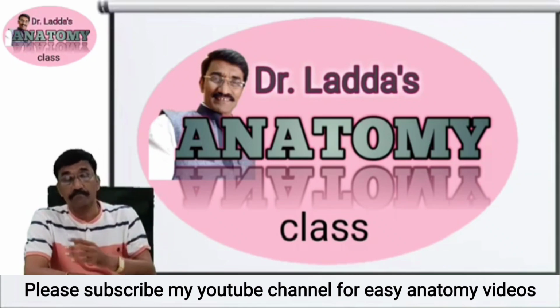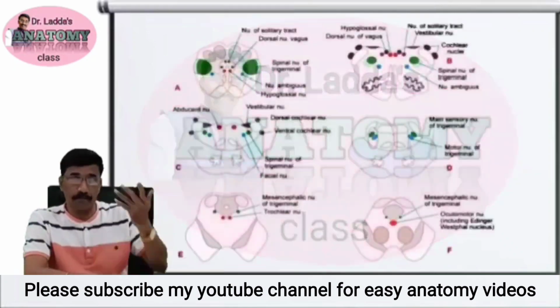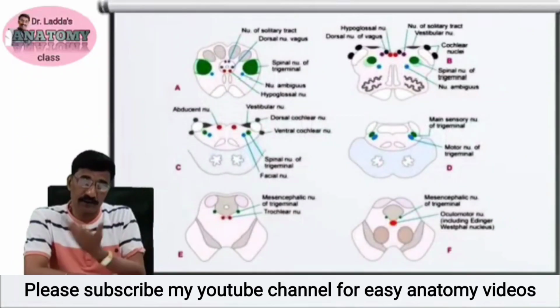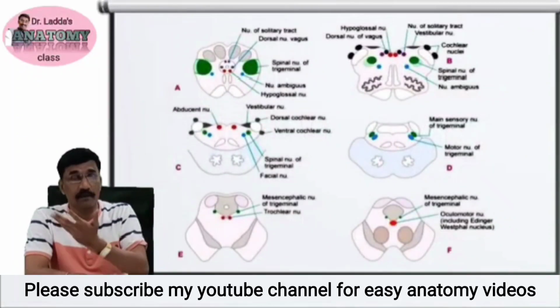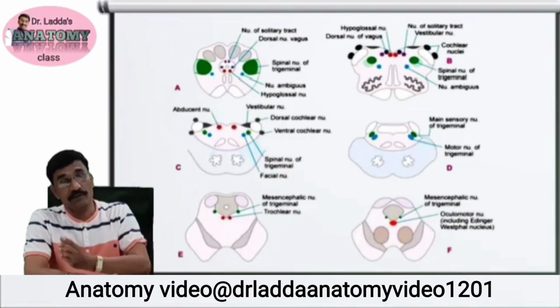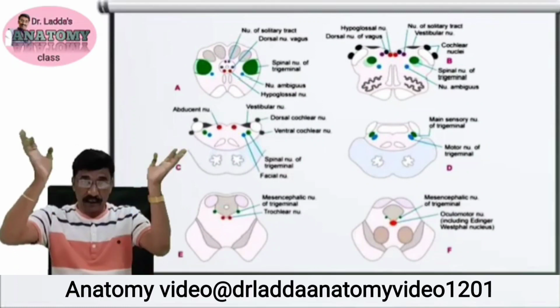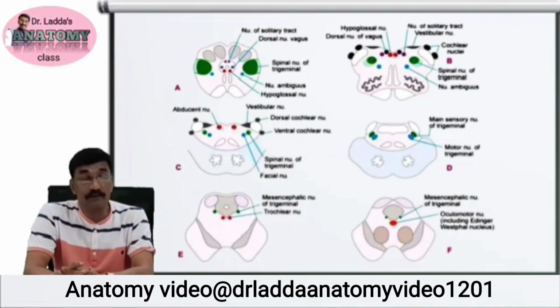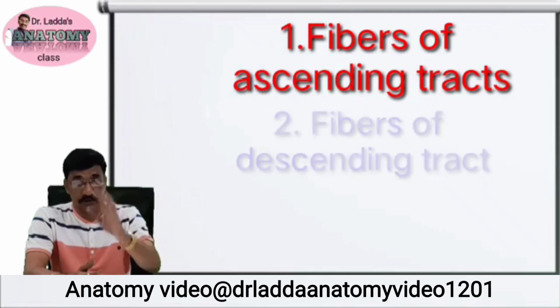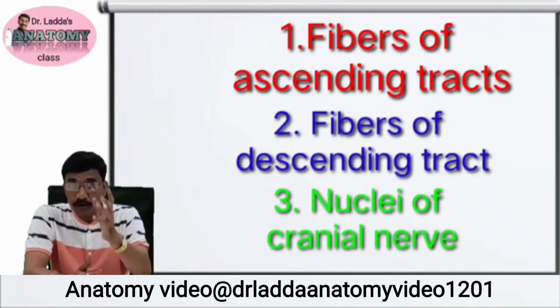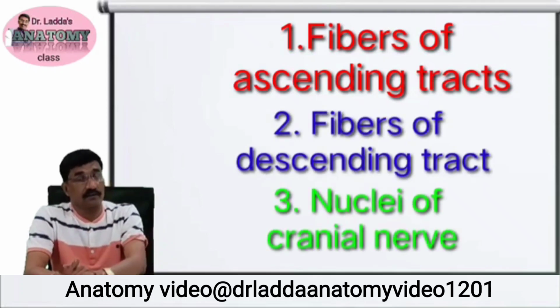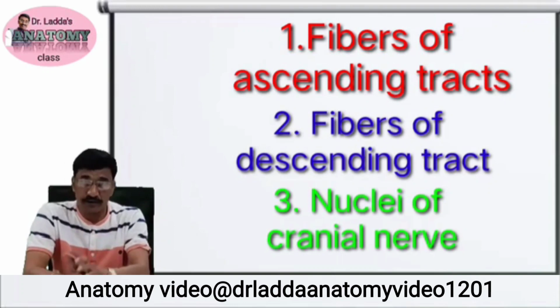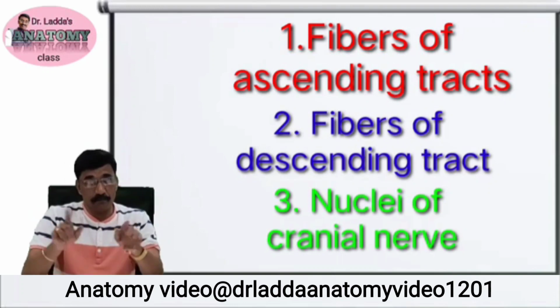And lastly, the fibers which ascend up, coming through the spinal cord, also pass through the brainstem so that they can reach their destination, their target. So the ascending fibers, the descending fibers, and the nuclei of the brainstem itself, which compose the brainstem, all take part.